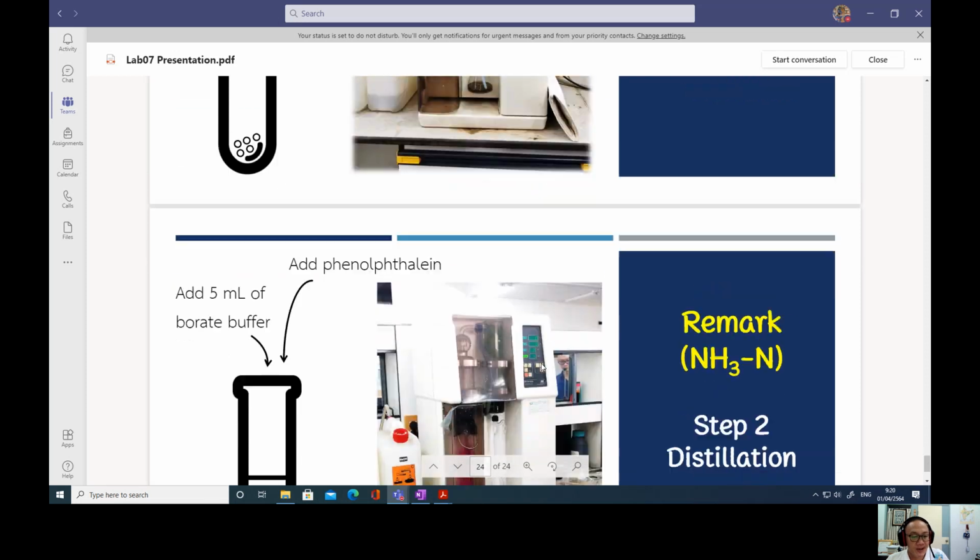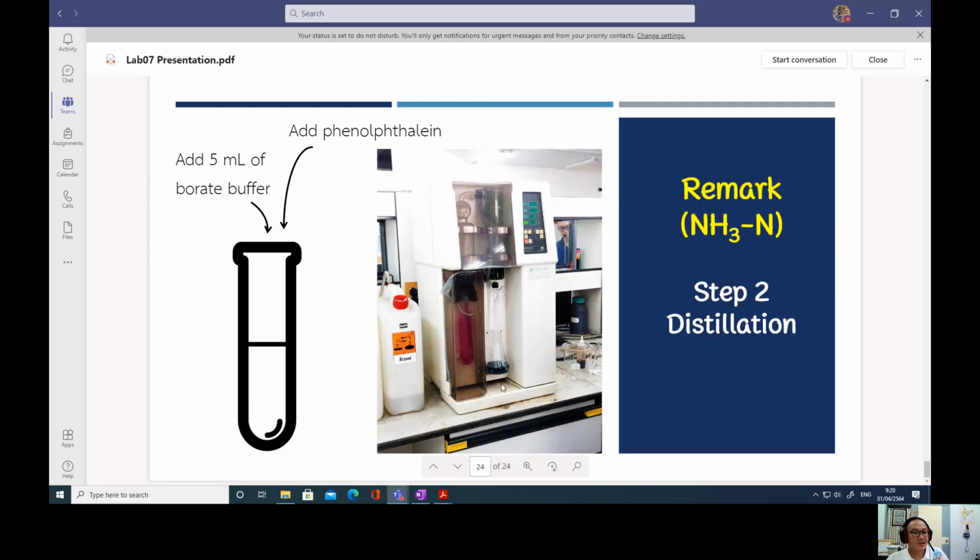For the ammonia determination, as we haven't done the digestion, in order to increase the pH of the solution, we put in borate buffer instead. 5 ml of borate buffer is quite enough to analyze the ammonia. Phenolphthalein is also added along with it. With phenolphthalein, the pH is 8.3.